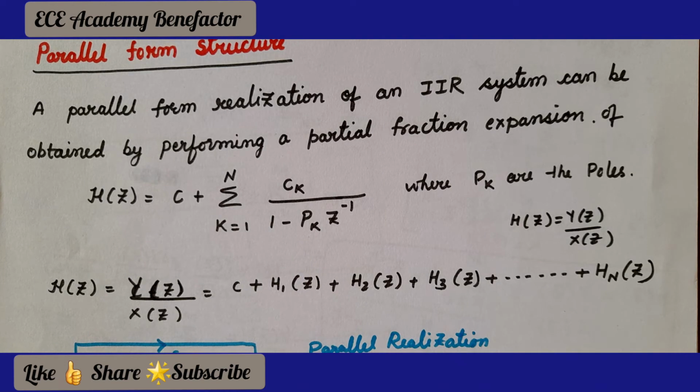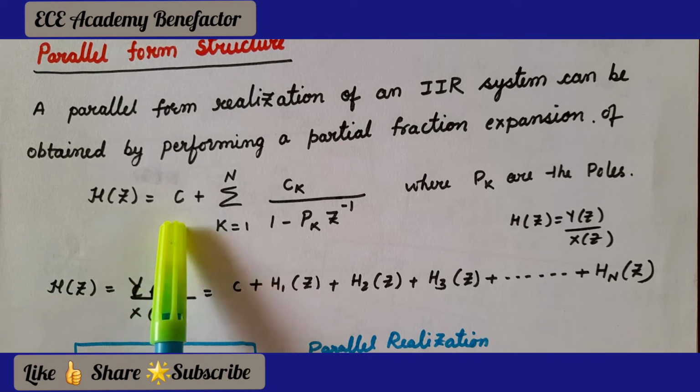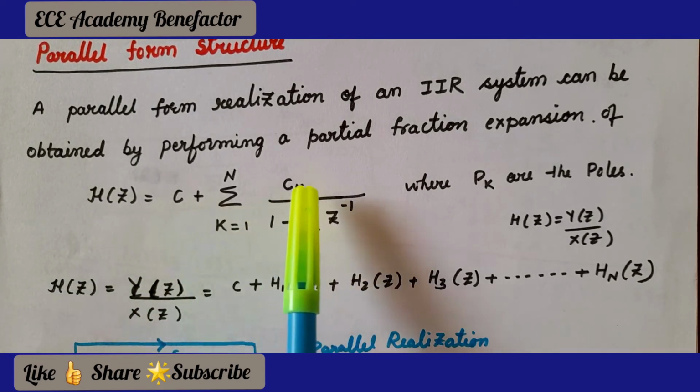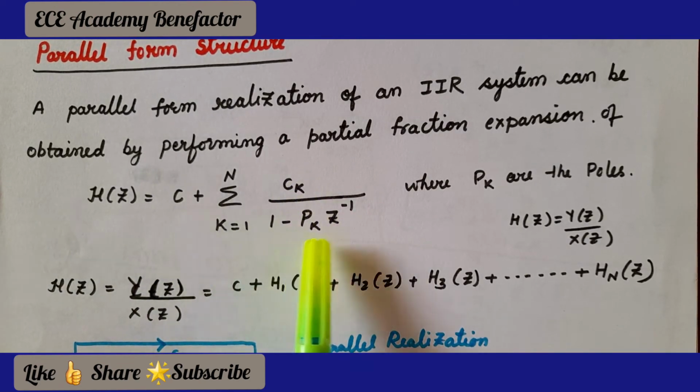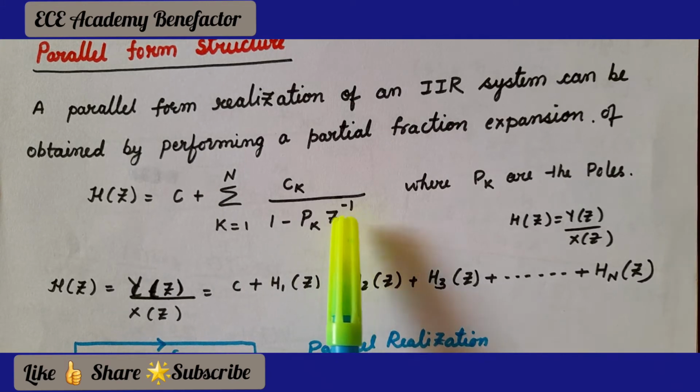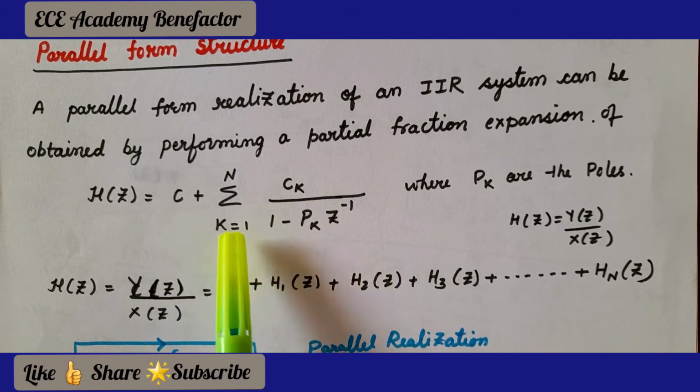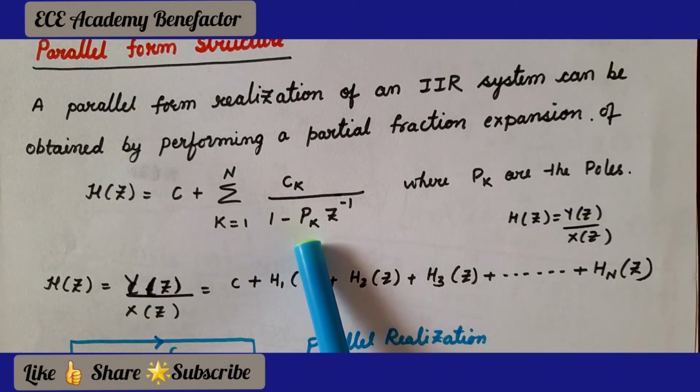In direct form 2, H of z is expressed as Y of z by W of z dot W of z by X of z. Coming to parallel form, we have to express H of z as C plus summation C_k by 1 minus p_k z to the power minus 1, where this k is varying from 1 to capital N, where p_k are the poles.